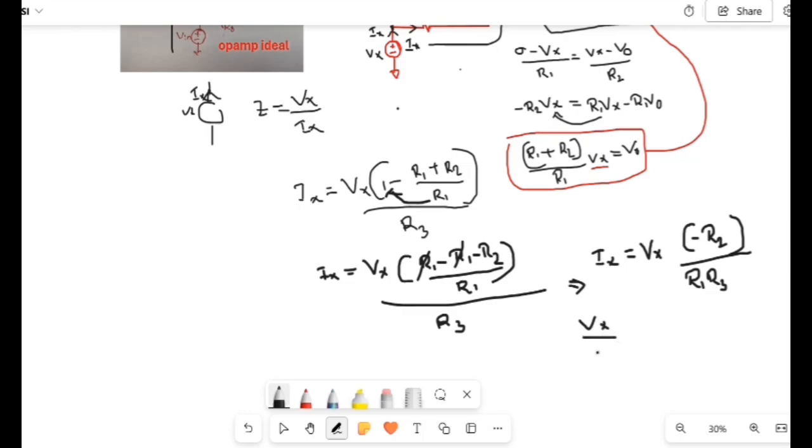Vx divided by Ix will be equal to the impedance Zin, which is equal to minus R1 R3 divided by R2.